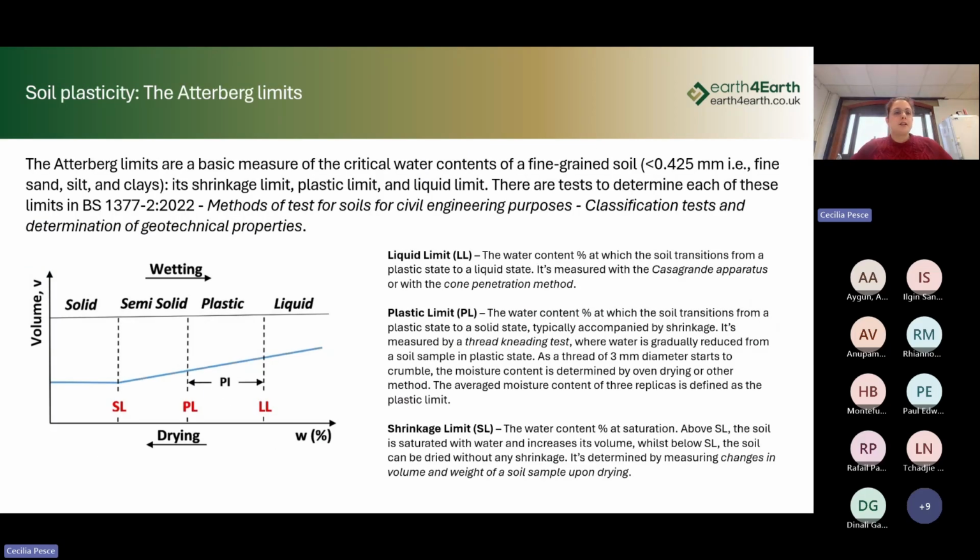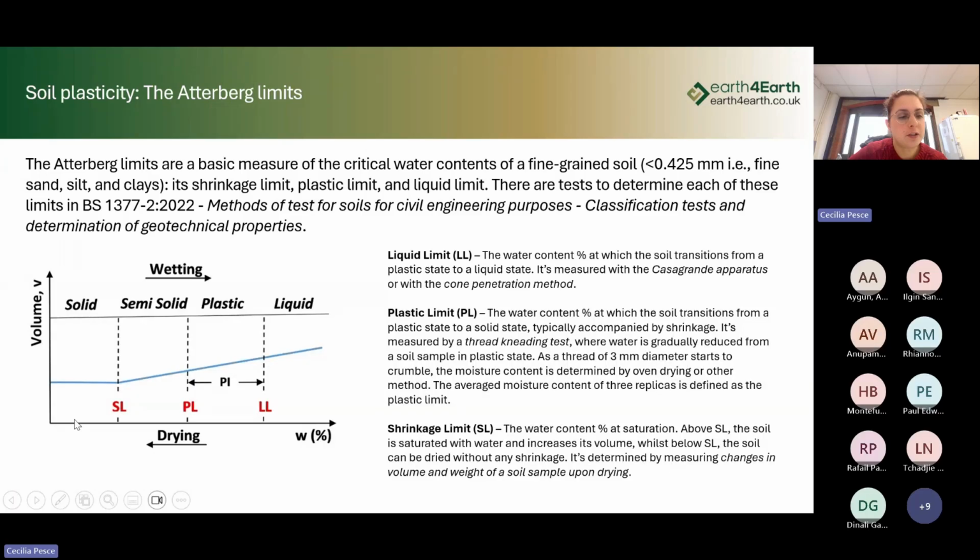Then when we study the soil plasticity, there are the Atterberg limits that help us in identifying the type of soil in terms of its plastic behavior. In this graph, we can see on the x-axis the water content, and on the vertical axis the volume.